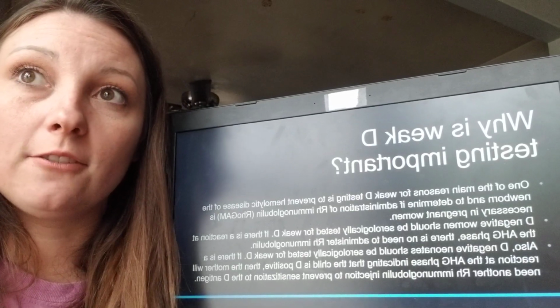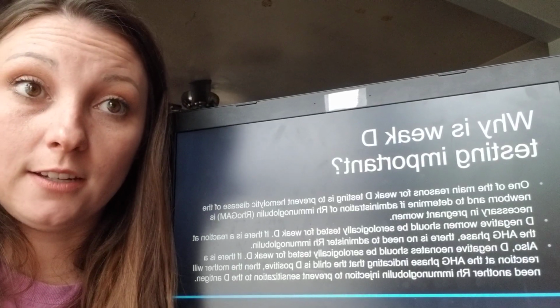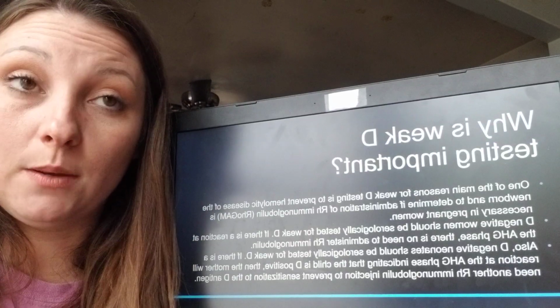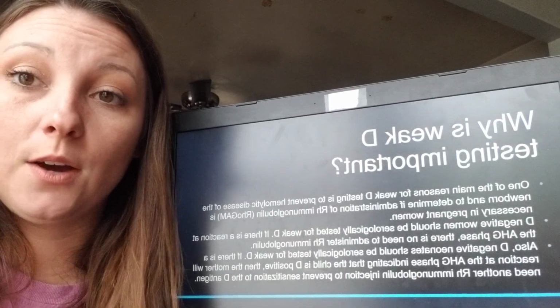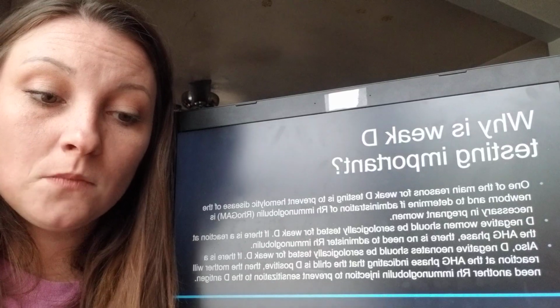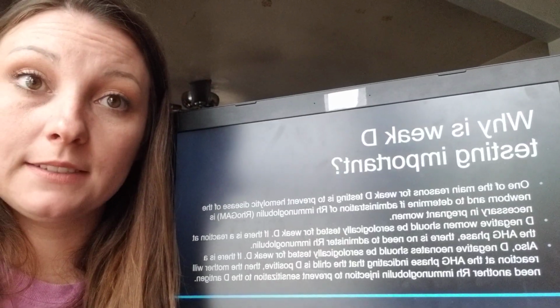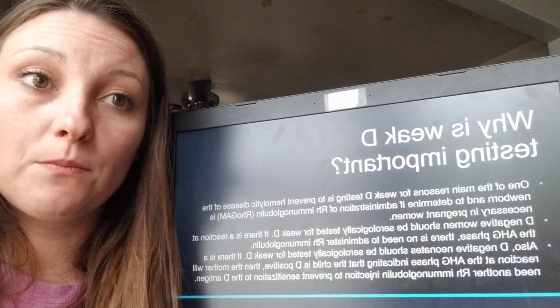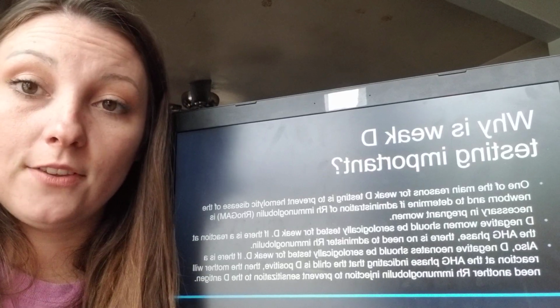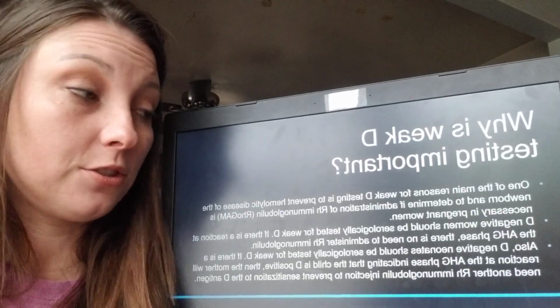But then also, if her baby were truly Rh negative, then she would not need a RhoGAM injection after delivery. However, if the baby were to type as weak D positive, this could cause some issues, so the mom would still need to have that additional RhoGAM injection after delivery.